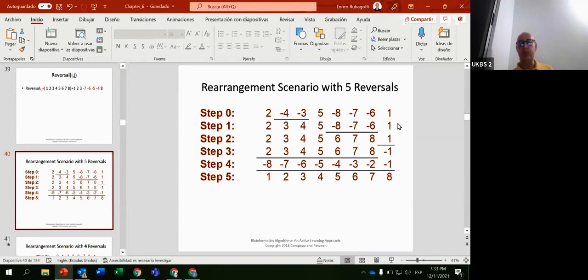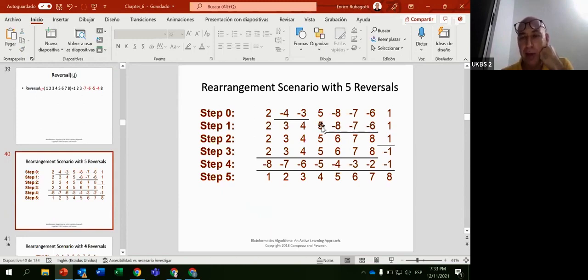After, I'm going forward, and I'm going to do a reversal of minus 2 and minus 3. They look very similar. I arrive to 2, 3, 4, 5, minus 8, minus 7, minus 6.